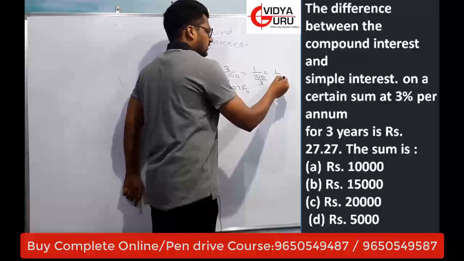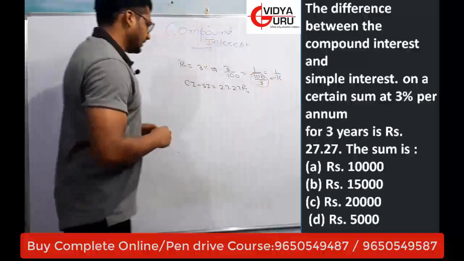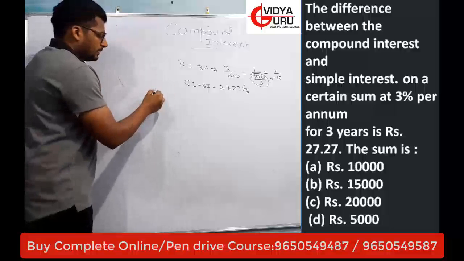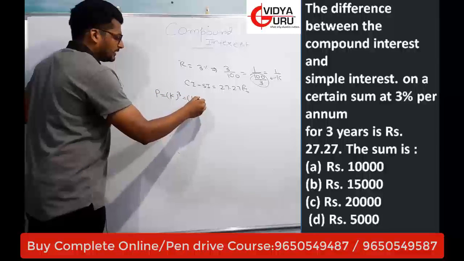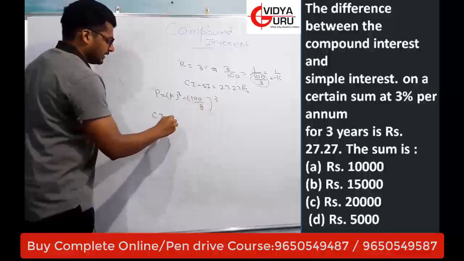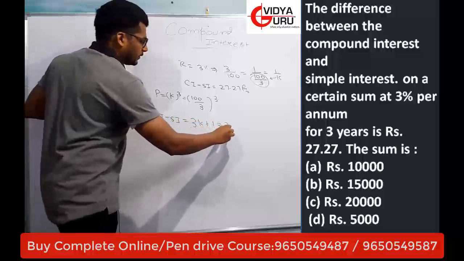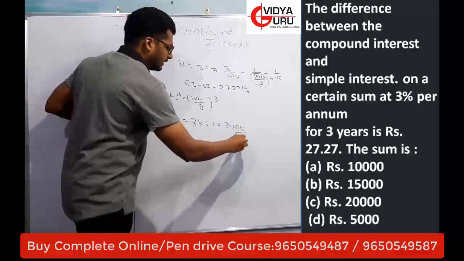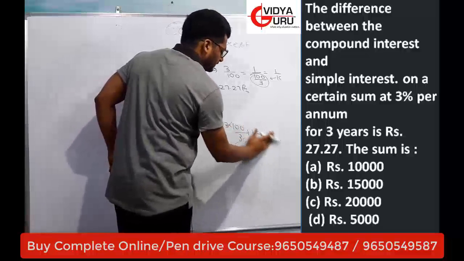Now it is in the form of 1 by k, where k is 100 by 3. So what will be the principal? Principal will be k cube, 100 by 3 whole cube. And CI minus SI will be 3k plus 1, where k is equal to 100 by 3, plus 1, which will become 101.